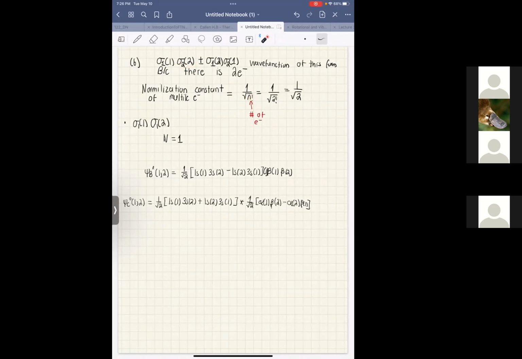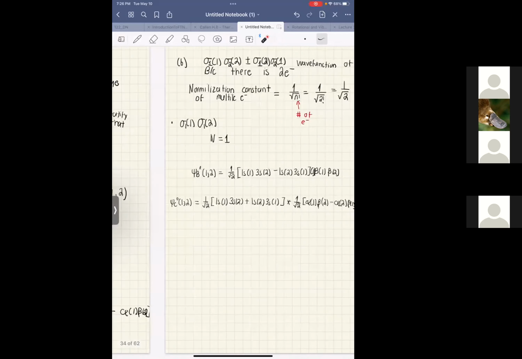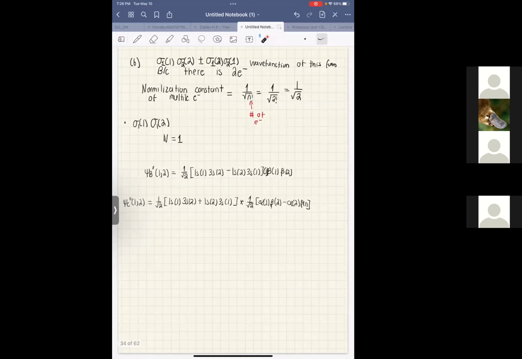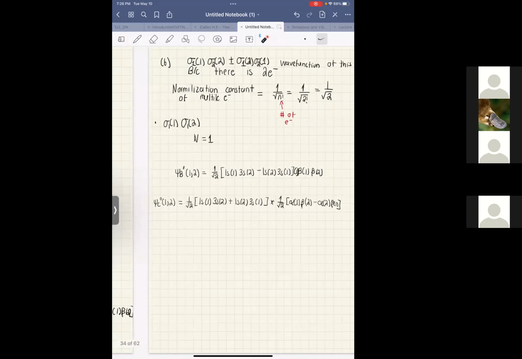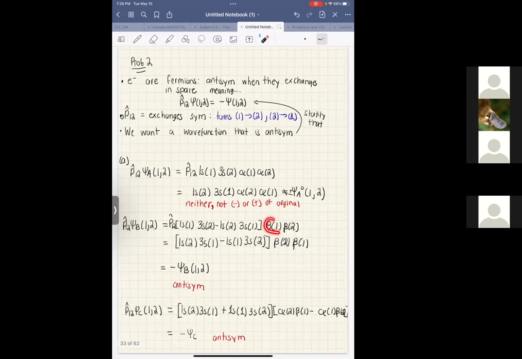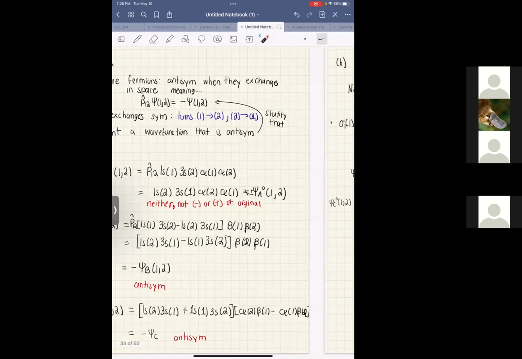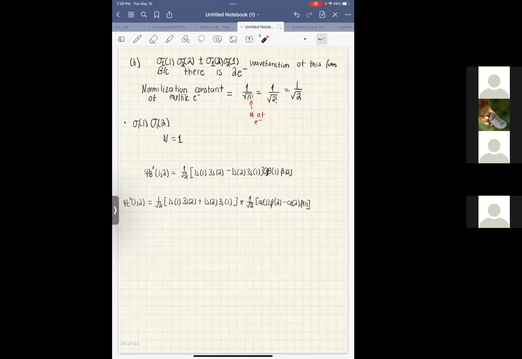In this case, I don't think he's going to ask you for 3 electrons. If he's asking you for a system of 2 electrons, then the normalization constant will be this. And for a wave function like this, the normalization constant will be equal to 1.